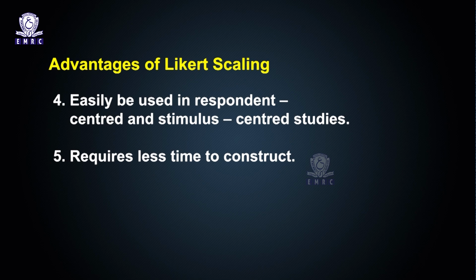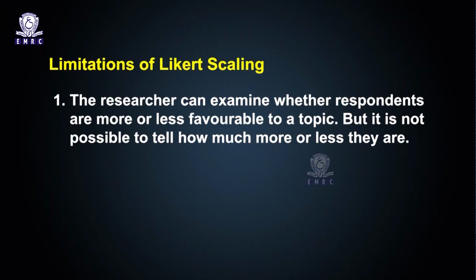At the same time, this scale also has its own limitations. There are several limitations. The first one, the researcher can examine whether respondents are more or less favorable to a topic, but it is not possible to tell how much more or less they are. The interval between strongly agree and agree may not be equal to the interval between agree and undecided.